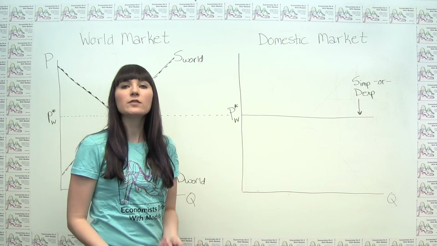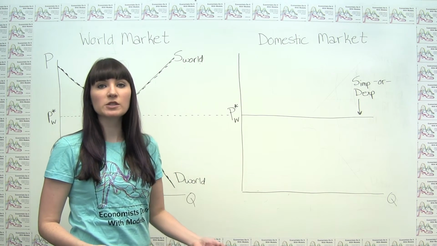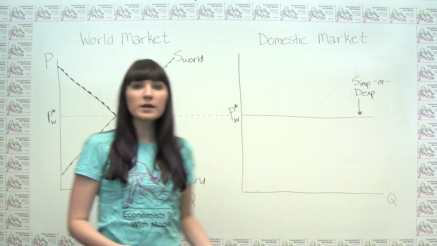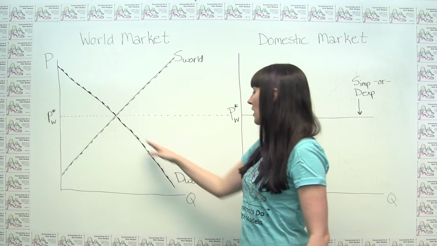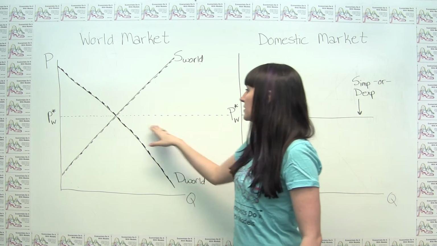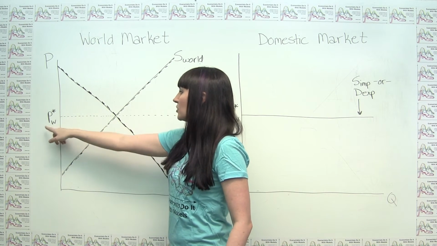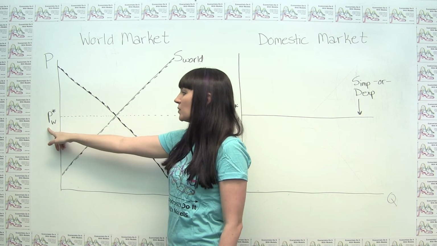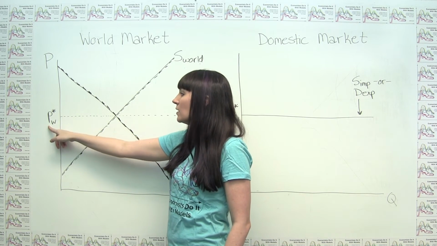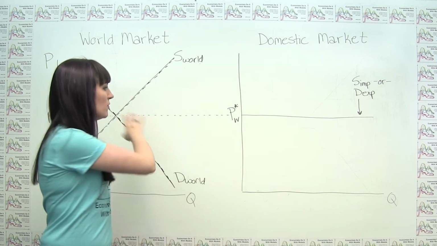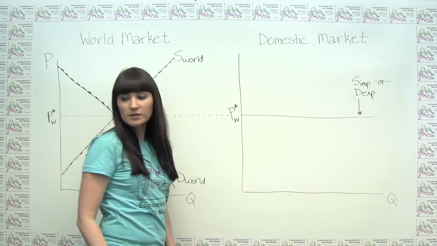Therefore, in order to find the world price that this small country takes as given, all we have to do is look at this intersection of world supply and world demand and see where that lands us in terms of price. We labeled that as P star sub W for world price here. And then we can just pull that over into our graph for our domestic market.